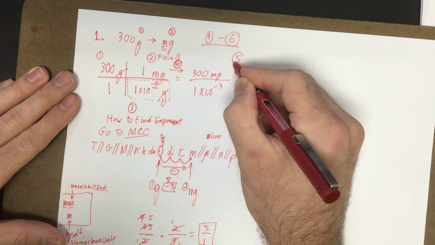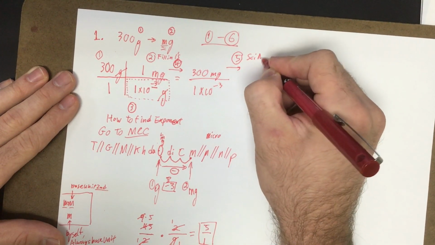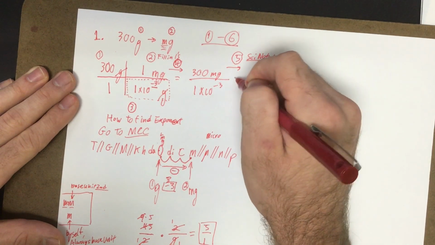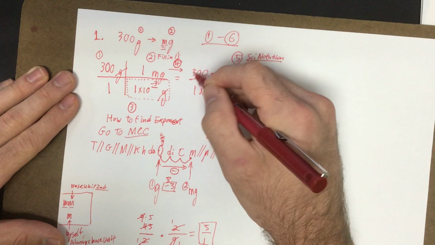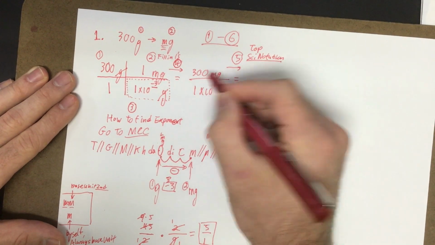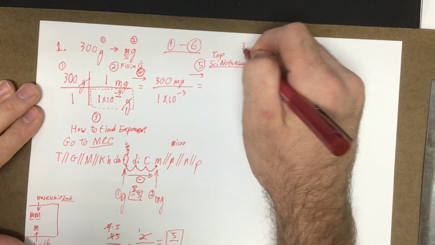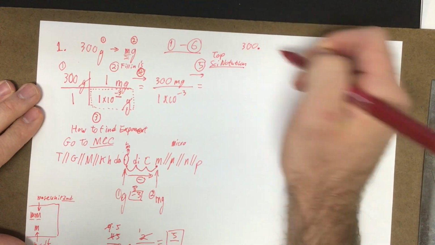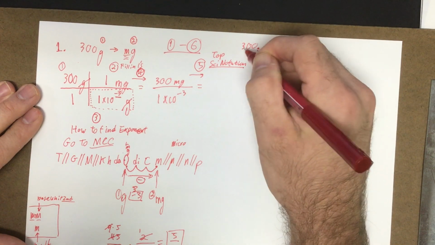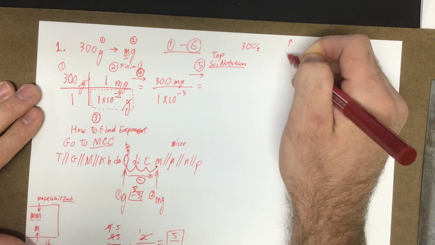Now in step 5, we're converting to scientific notation. So we're going to convert the top to scientific notation. So 300 in scientific notation is just like this. We've got a decimal point understood right there. We're going to see if it's bigger than 1 or smaller than 1.